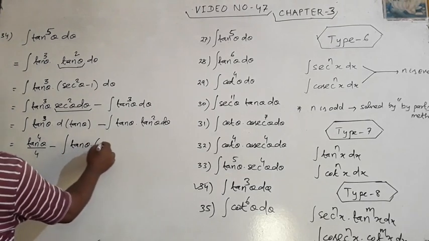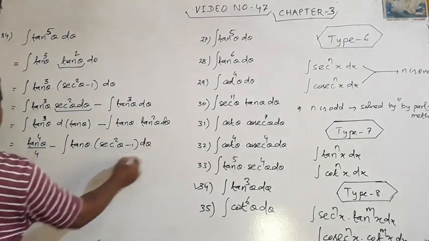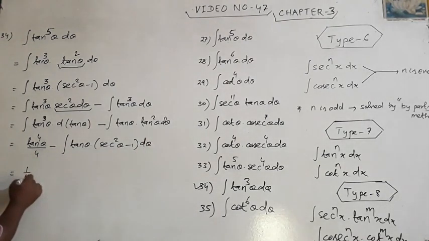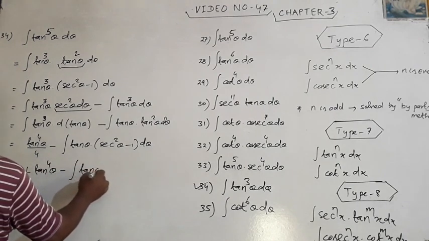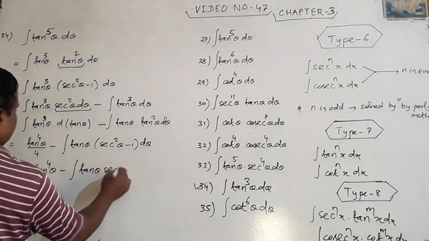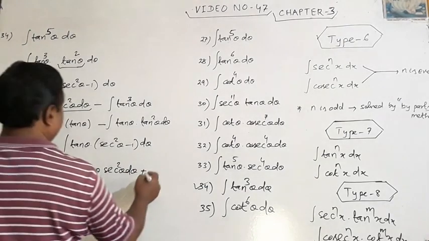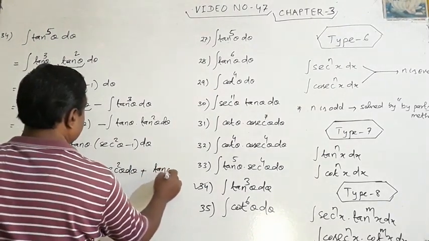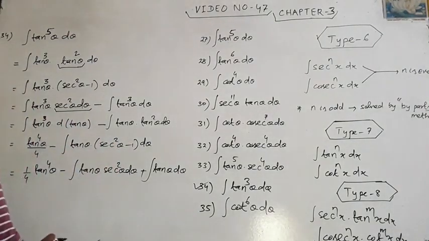In place of tan square theta, you have to write sec square theta minus 1. It is 1 by 4 tan 4 theta minus integration of tan theta into sec square theta d theta plus integration of tan theta d theta, because minus minus becomes plus.